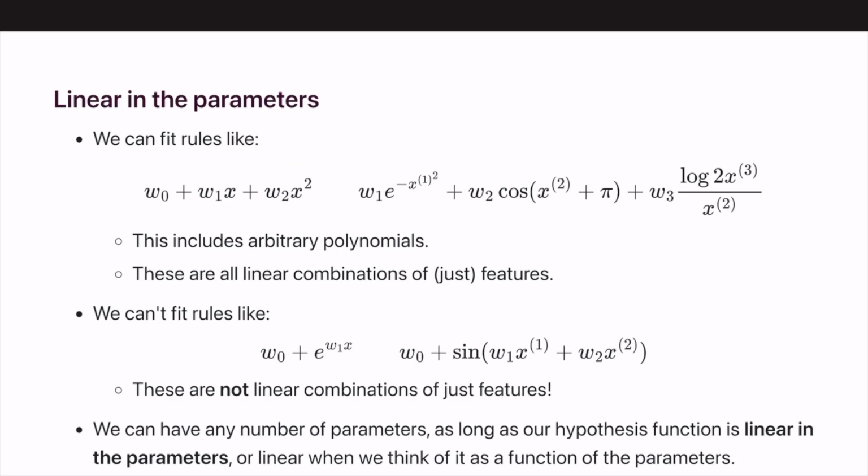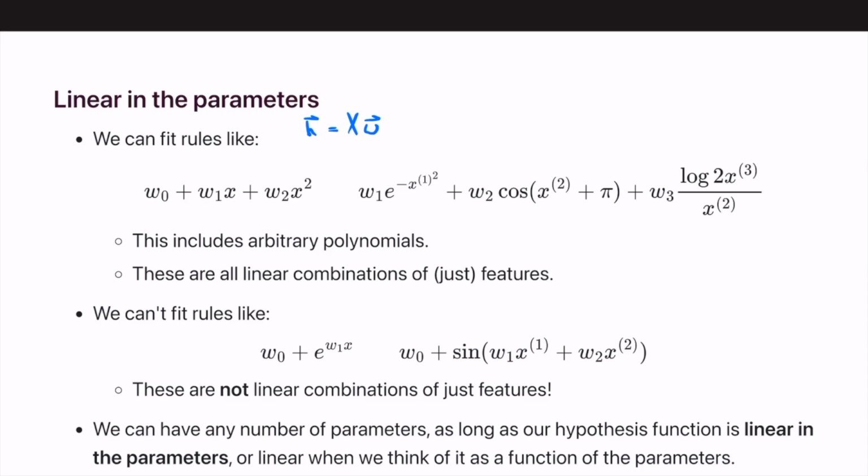But we have to remember that we need to be linear in the buildup of our model. So in this case we have our design matrix multiplied by our parameter vector, and that gives us our hypothesis vector.